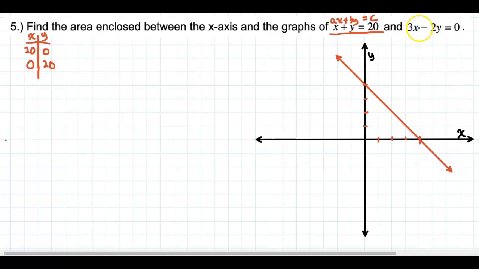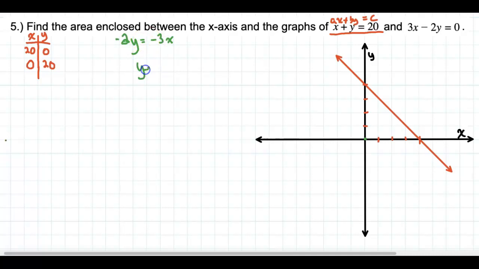But the problem is when we substitute 0 for x and 0 for y, we just get 0 every time. It looks like it's going to go through the origin. So let's just rewrite that one. We have -2y equal to -3x.